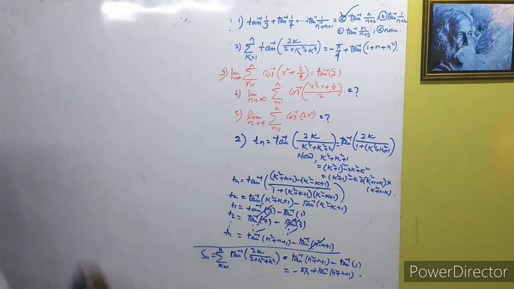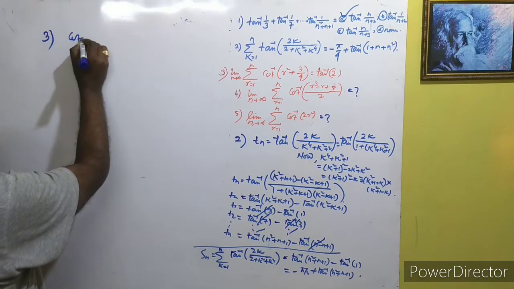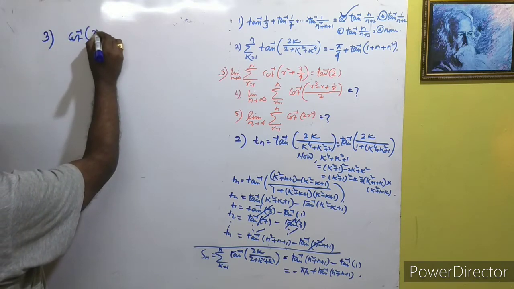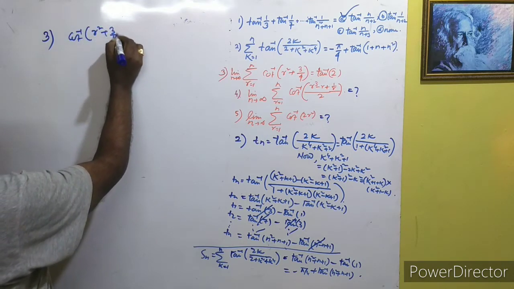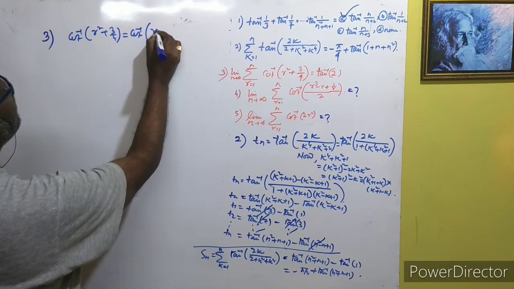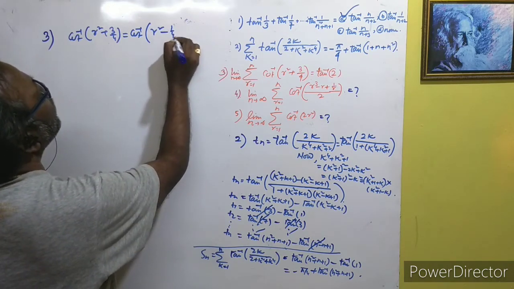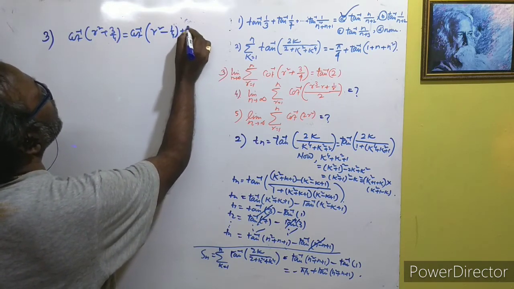For 3 here is, now cot inverse r square 3 by 4, that will be cot inverse, you can write here r square minus 1 by 4 and plus 1.